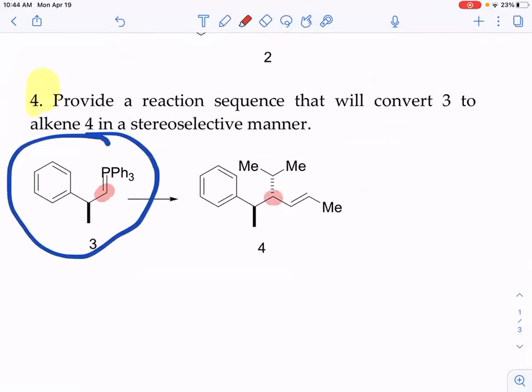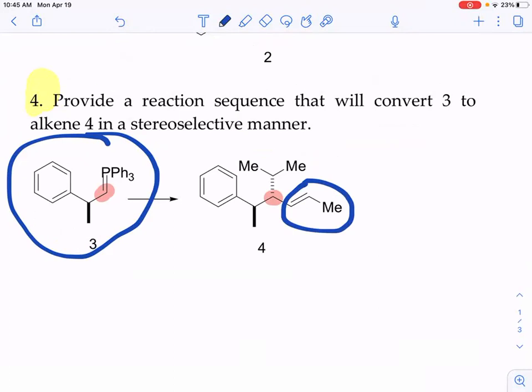So it's that carbon that's going to react with the aldehyde or ketone, or bound to something here on this side.